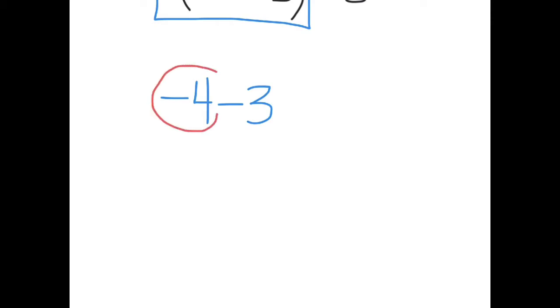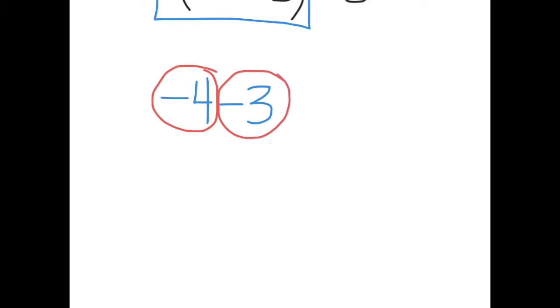So the first problem that I'm actually focusing on is just the -4 minus 3. So I'm going to rewrite that, and I'm going to use the method that you learned yesterday. I'm just going to circle my two terms. So I have a -4 and I have a -3.